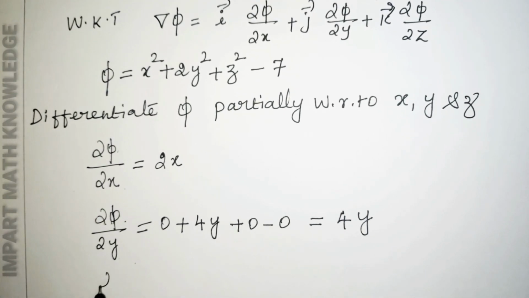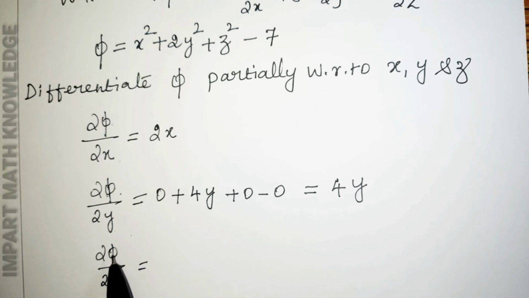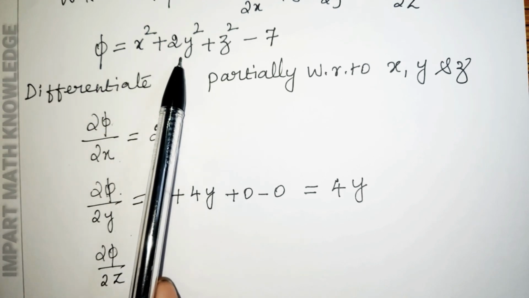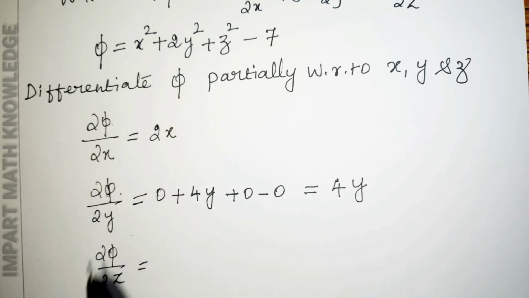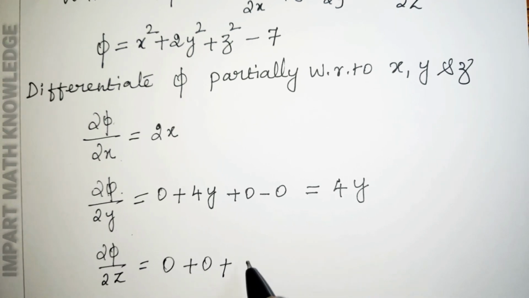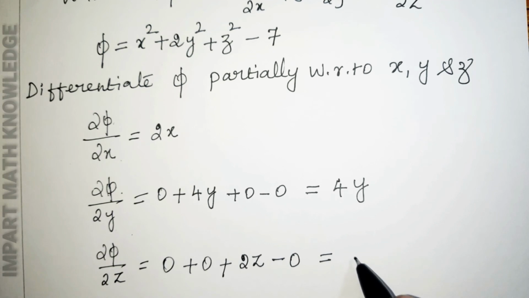Next dou phi by dou z. Differentiate phi partially with respect to z. First term is x squared, 0; second term is y squared term, so 0, 0 plus 0. Third term is z squared, so differentiation of z square is 2z. Fourth term is a constant term, so 0. So dou phi by dou z is 2z.